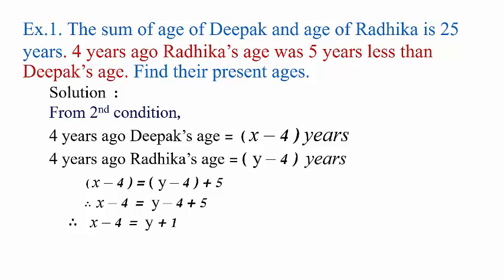We remove the brackets, then make simplification, then we take variables at one side and constant numbers at one side, and by solving we get the second equation: x minus y is equal to 5. So x plus y is equal to 25 is the first equation, and x minus y is equal to 5 is the second equation.